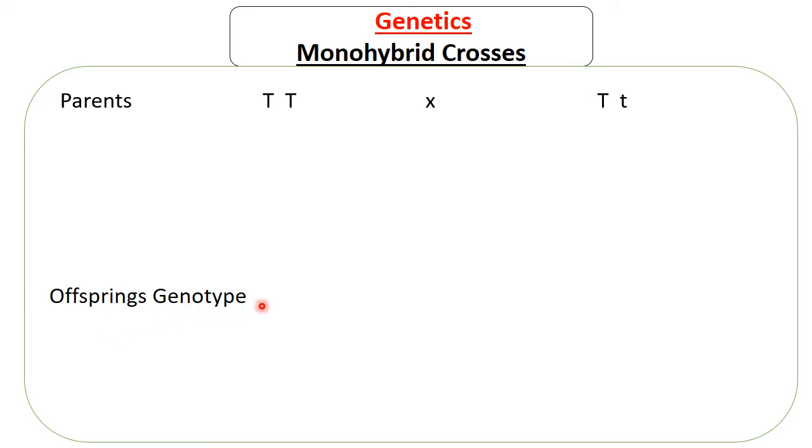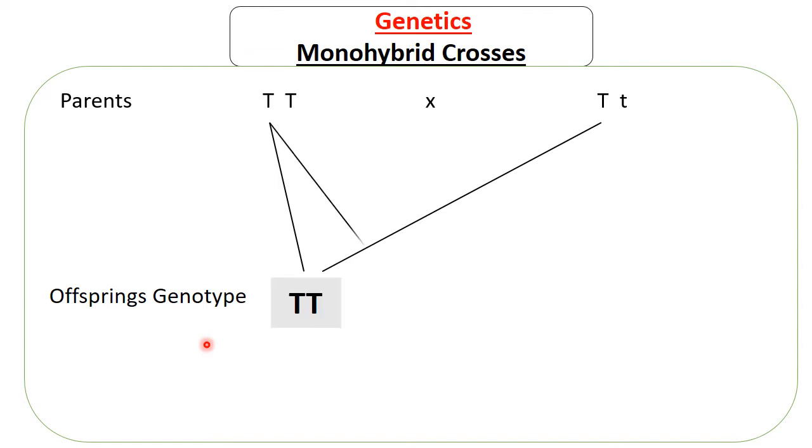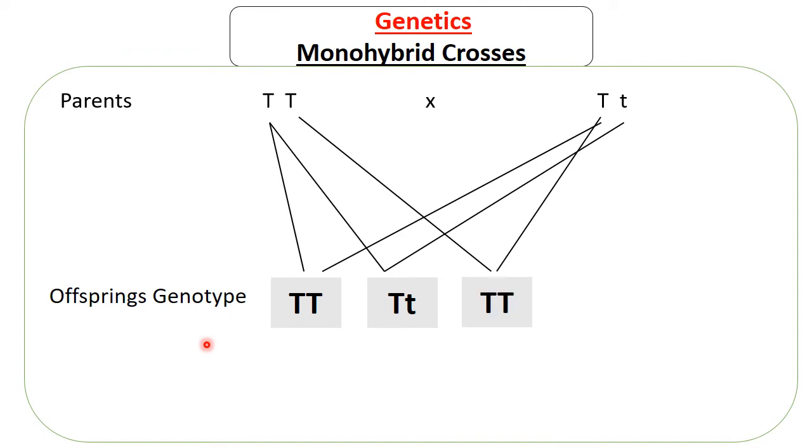We'll be writing the genotype of the children here. When this combines with this, we're going to have capital TT. Next, we have this T combined with a small t there, we're going to have capital T and small t. Then this combining with this, we're going to have two capital T. Again, that one combined with a small one, we're going to have Tt.